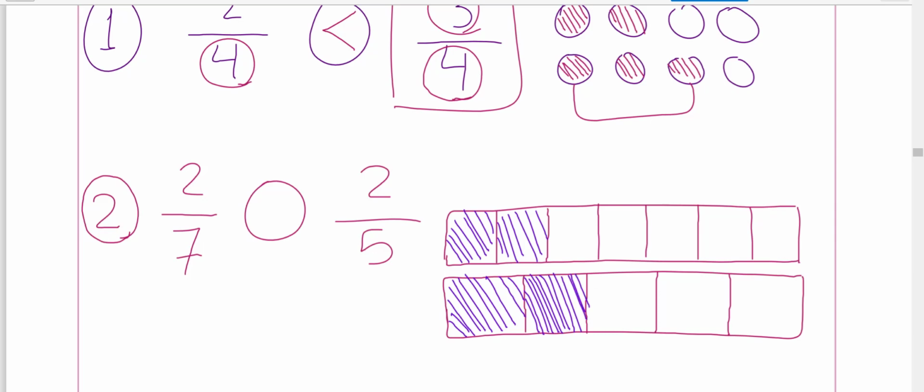We know that these 2 parts are smaller than these 2 parts. So 2/7 is less than 2/5.